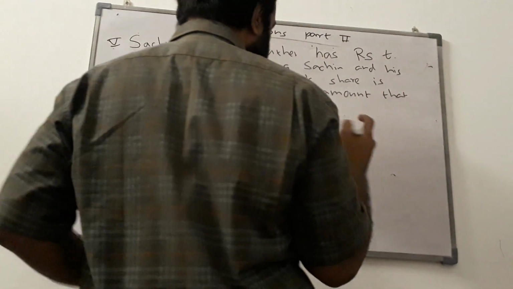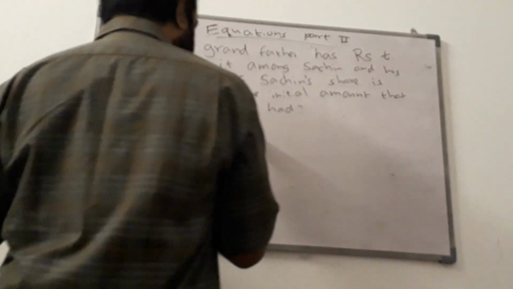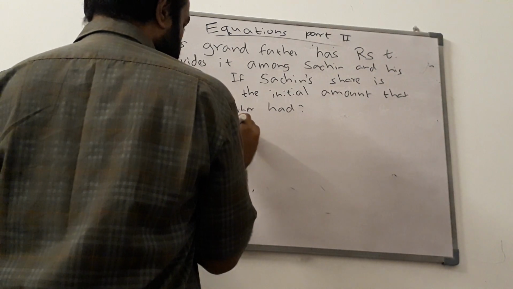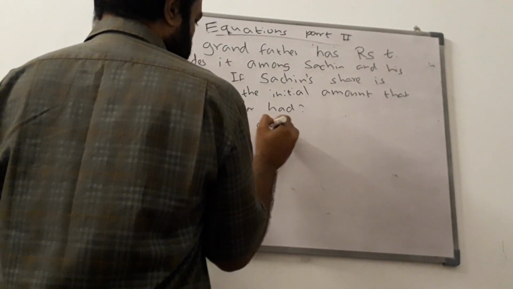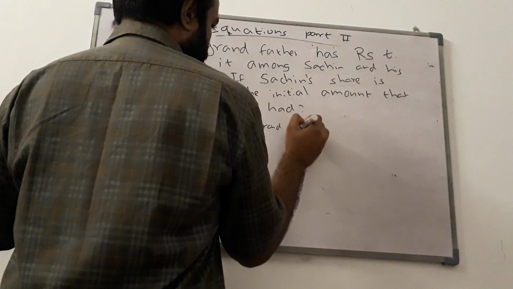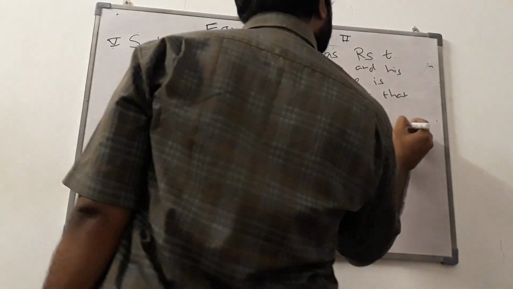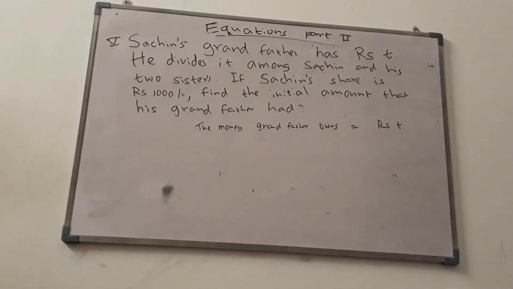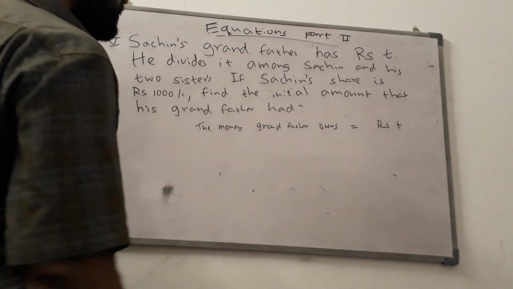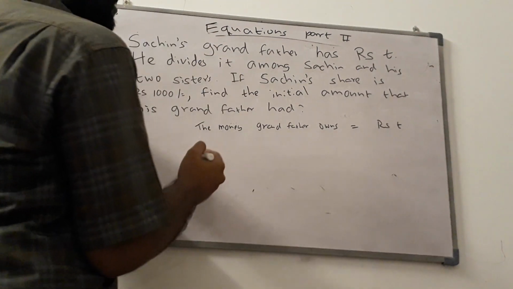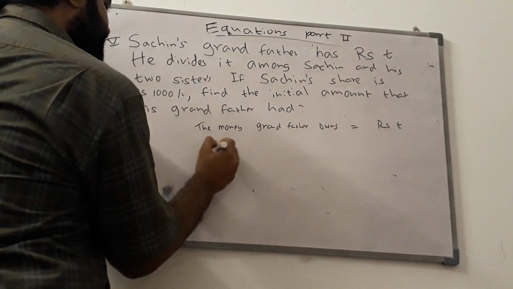Grandfather has T rupees. The money grandfather owns is equal to T rupees, and it is divided among 3 grandchildren. So one will get 1/3 of T, or you have to divide T by 3.